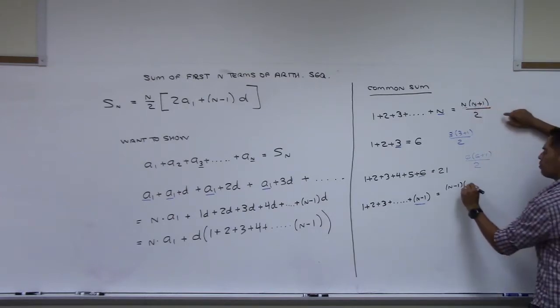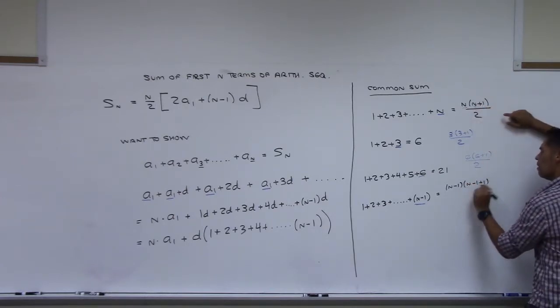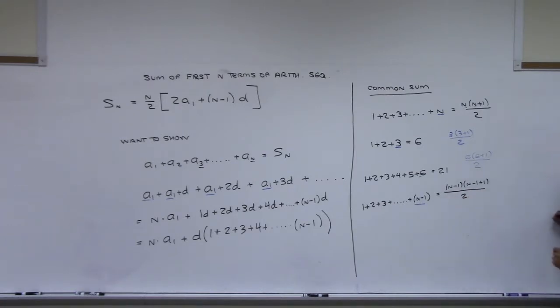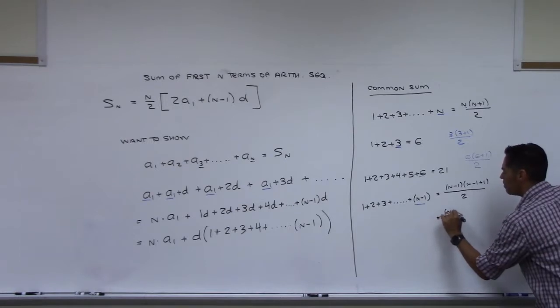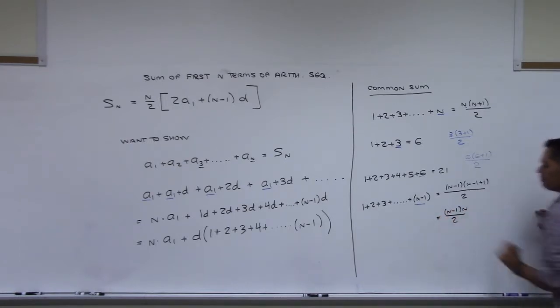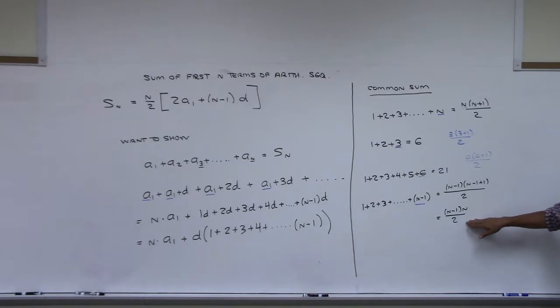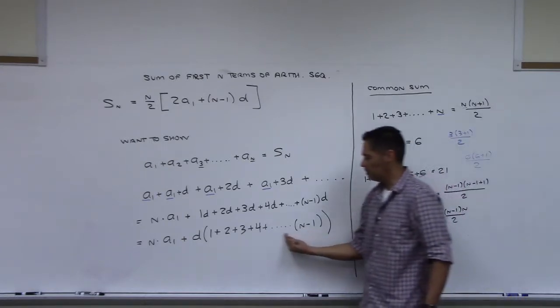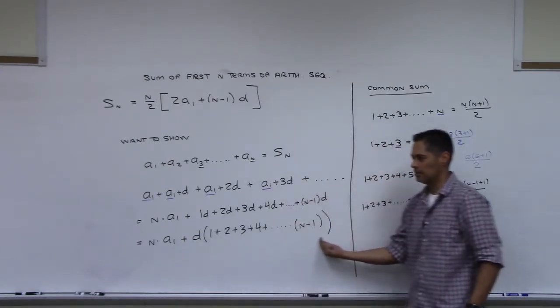N minus 1 plus 1 all over 2. And something interesting happens there. We get n minus 1, and then this is just n all over 2. If you follow that, that's where we are. That's what's in here.